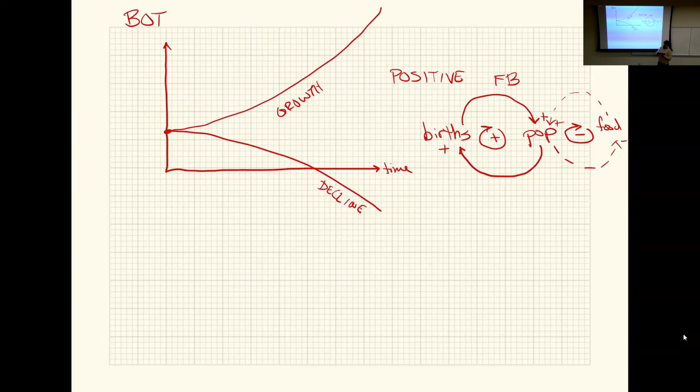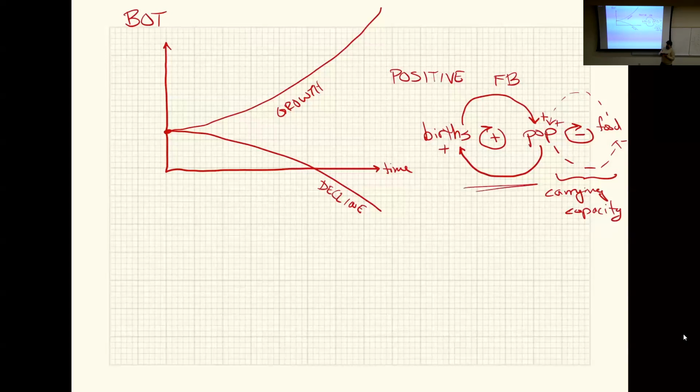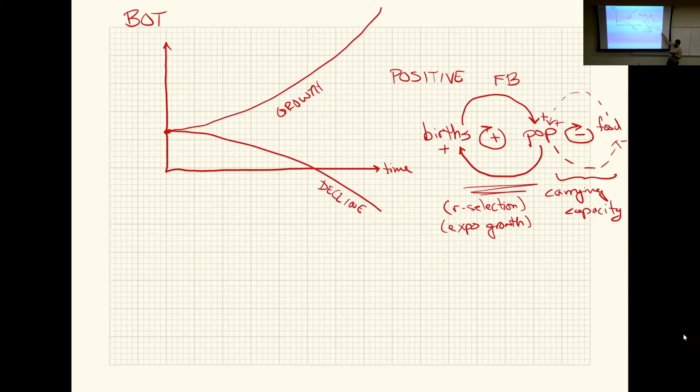That's right. That's kind of where carrying capacity comes from. But initially, you only notice this. So early in the system, you're not food limited, so it just looks like growth. So this is like what some people refer to as R selection or exponential growth. But eventually you get to a point where you become capacity limited.